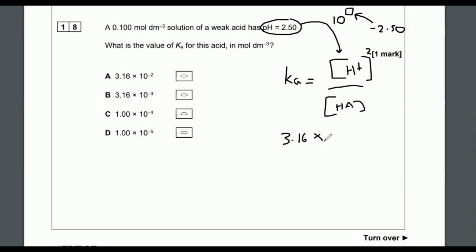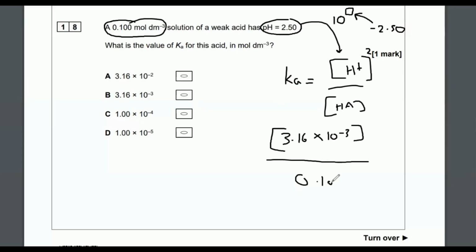So smash that in the calculator, and you're going to get 3.16 times 10 to the minus 3. And look, they're trying to catch you out because that's one of the answers there. But all you've done is work out the hydrogen ion concentration. So you now need to divide by the concentration of the acid. The concentration of the weak acid, HA, is 0.1. So we want 3.16 times 10 to the minus 3, and we need to square that.